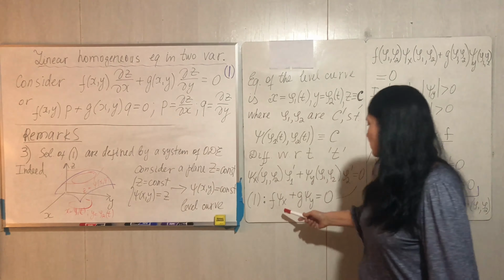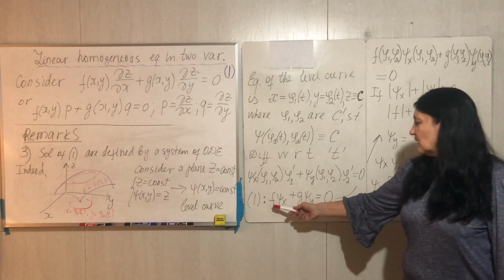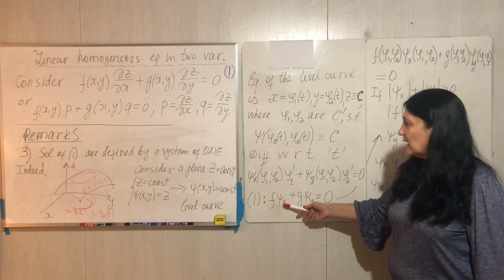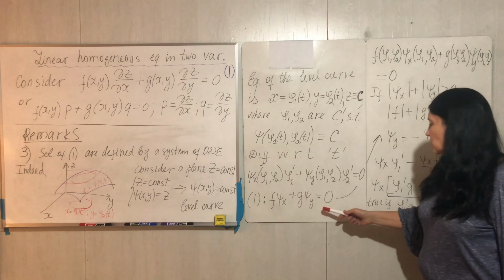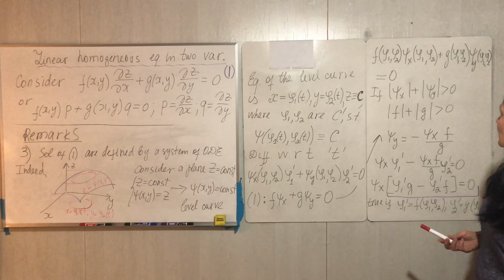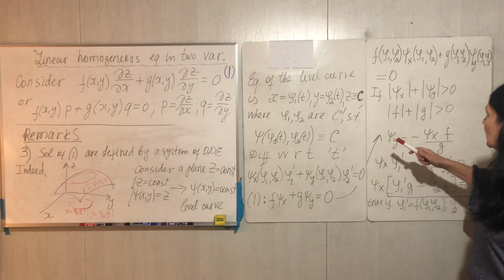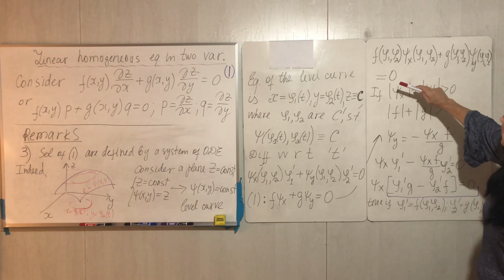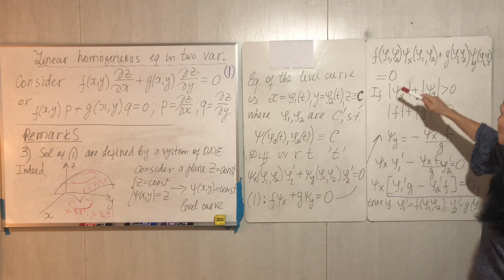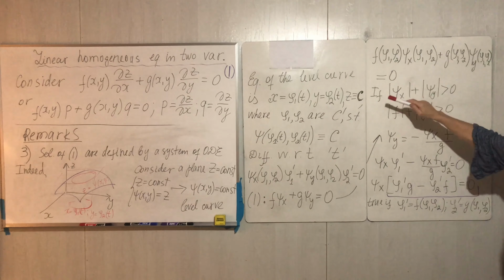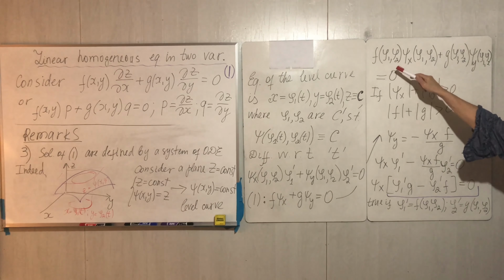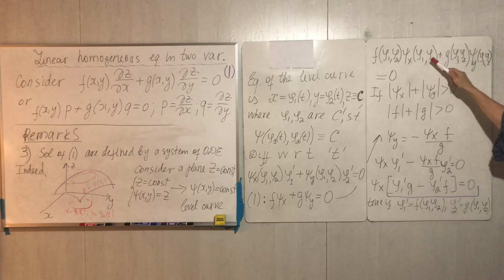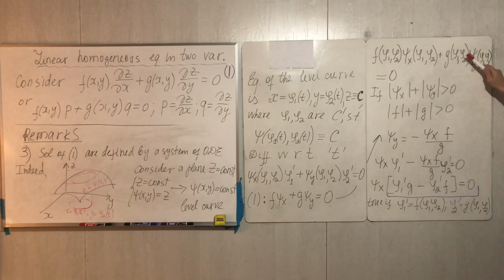And then our main equation can be written as f psi x plus g psi y equals 0, since our solution is z equals psi of x, y. We can write this equation just plugging in phi1 and phi2: f at phi1, phi2 times psi x plus g at phi1, phi2 times psi y equals 0.